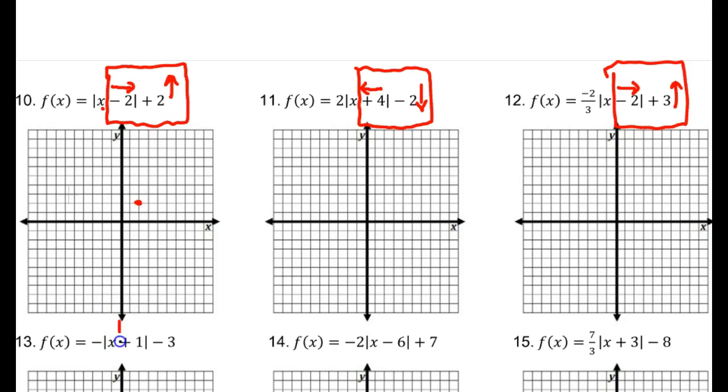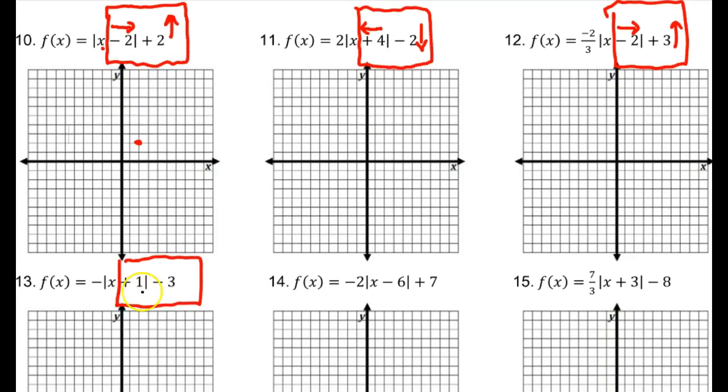So we can't confuse the two. Inside is left, right. Outside is up, down. Inside is opposite direction. Outside is normal direction. Negative is down. So write all these down and go through the rest of them and just write down what direction they should go.